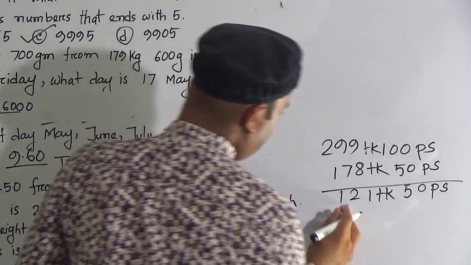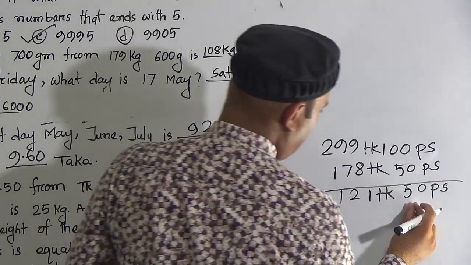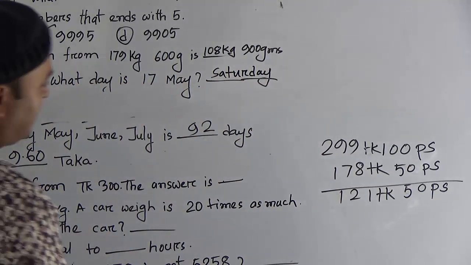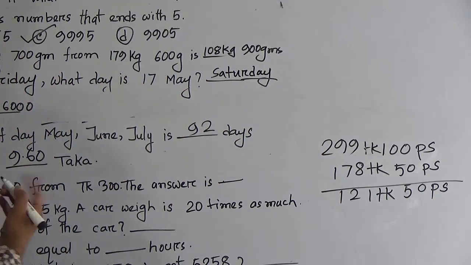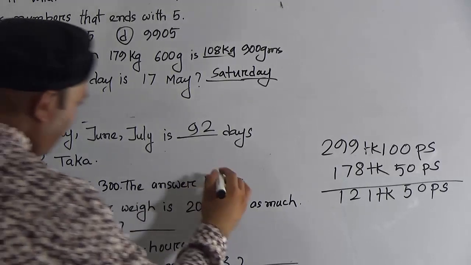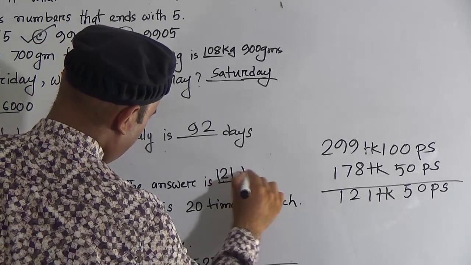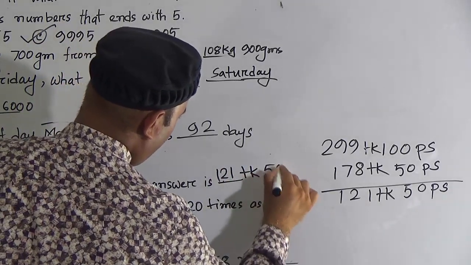So we can write 121 taka 50 paisa after taking away 178 taka 50 paisa from 300 taka. So the required answer is 121 taka 50 paisas.